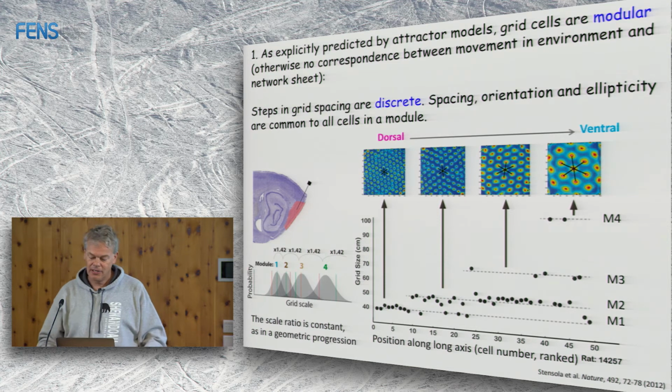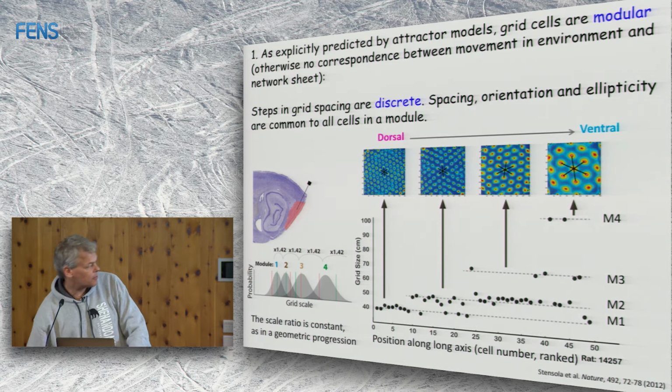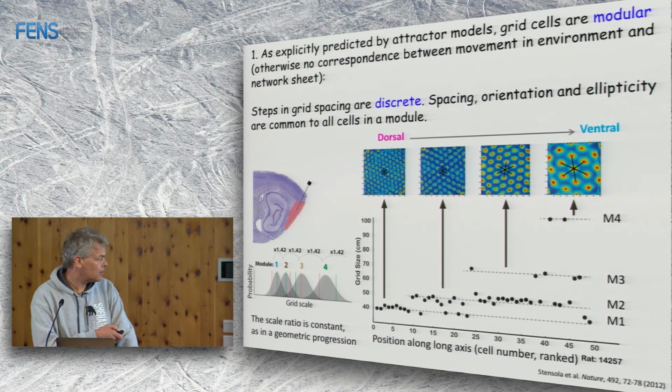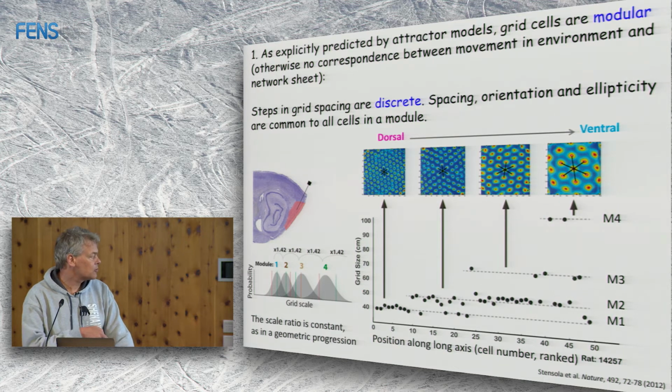And that was then confirmed with this slide that I believe Nahum showed yesterday, which shows the size or scale of grid cells, that means the distance between the peaks, plotted as a function of how far you go from dorsal to ventral. You find that the scale increases, so each dot is one cell, but you see that it is in a step-like manner.